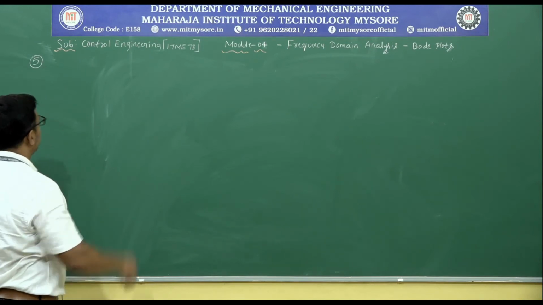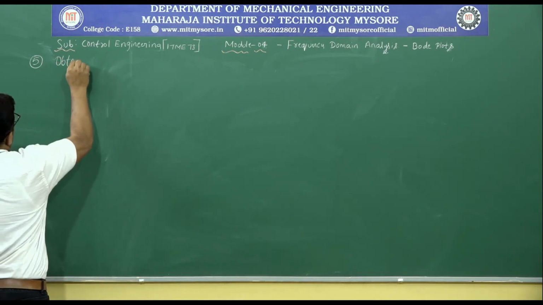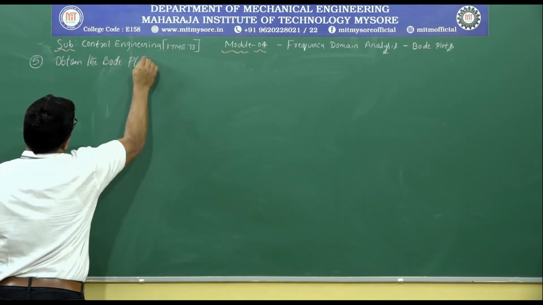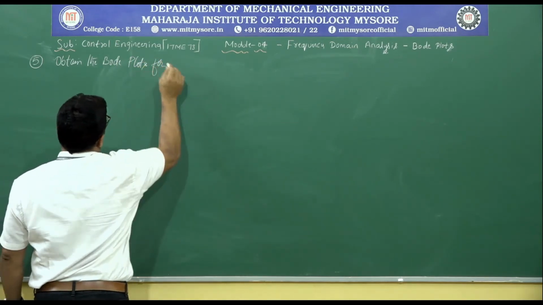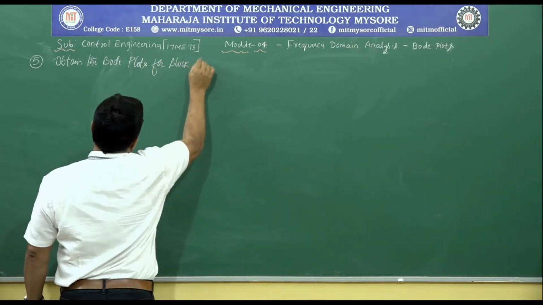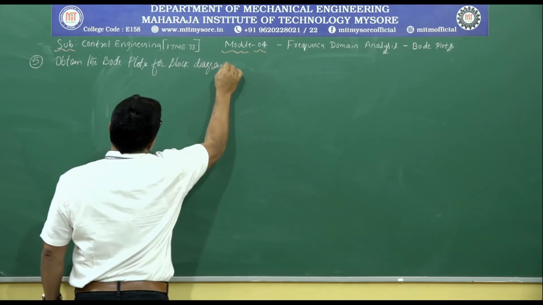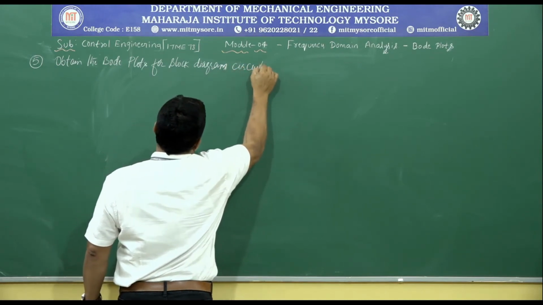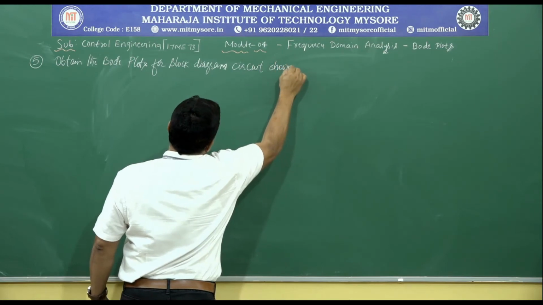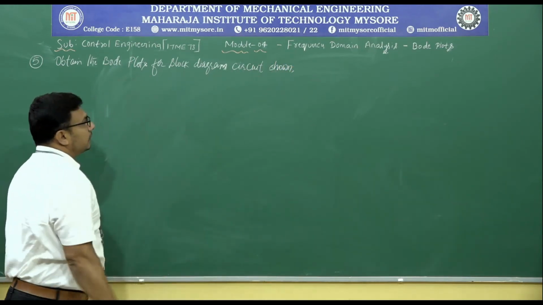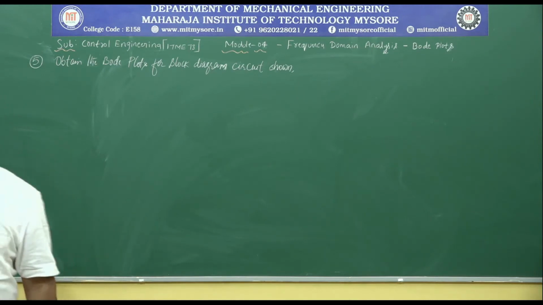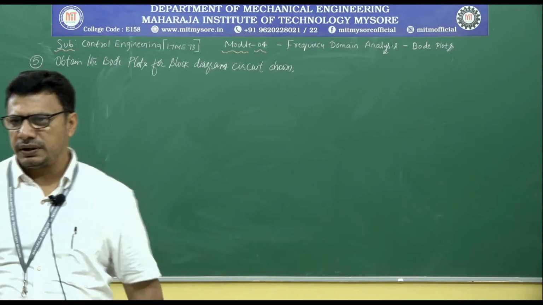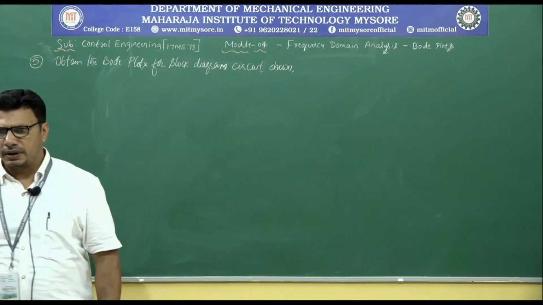The problem is given as: obtain the Bode plot for the block diagram circuit shown. So what we are given is the block diagram circuit, for which we need to draw the Bode attenuation diagrams.